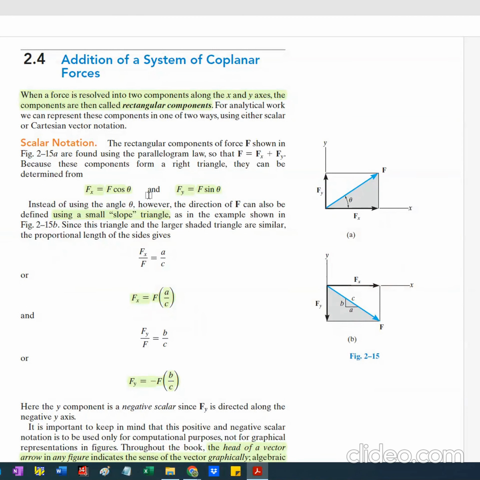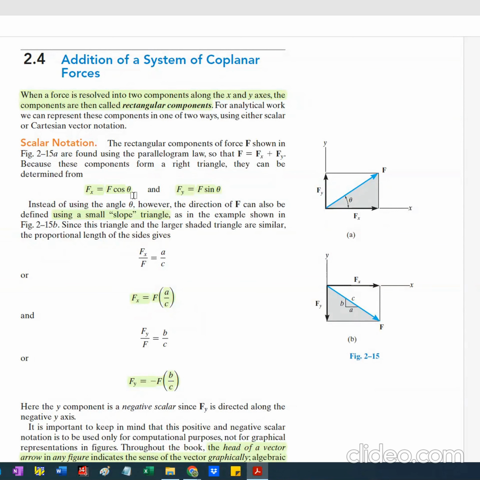If you follow the two rules, so again, measure theta from the x-axis and measure it counterclockwise, then these will hold true irrespective of the magnitude of theta. So pay attention here. If this vector F is in the second quadrant, where it will have a negative x component, you don't need to put a negative there.